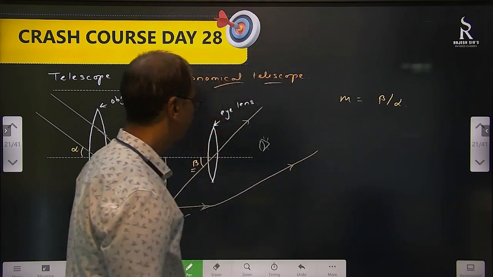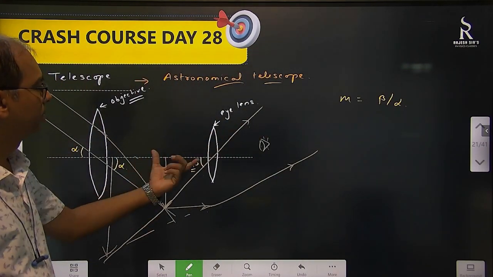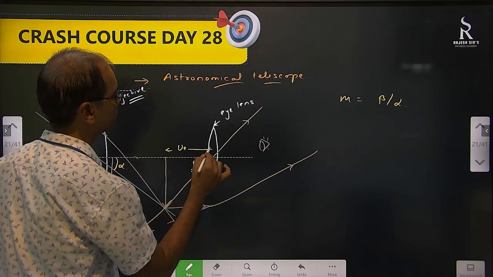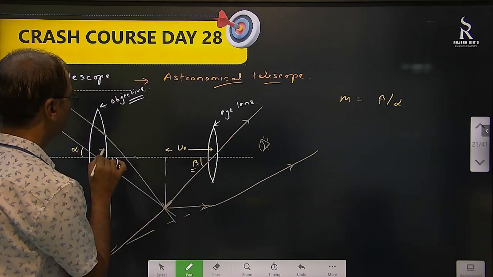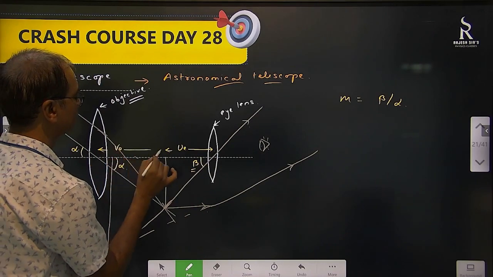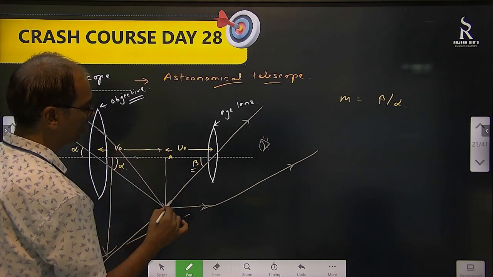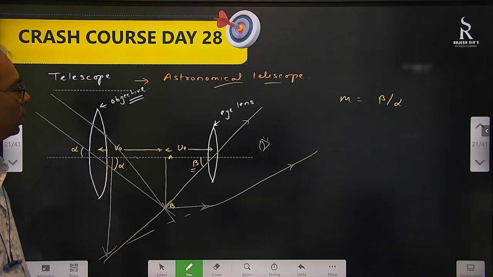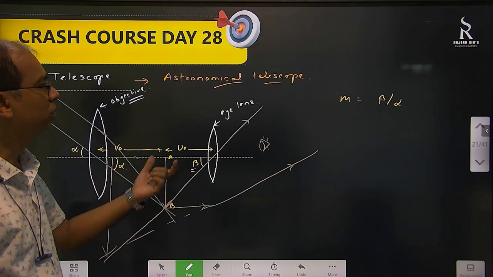Now what is beta? The beta value is this by this. So this is UE, and this is VO. Let's assume that this is AB. So the alpha value is AB by VO and the beta value is AB by UE.